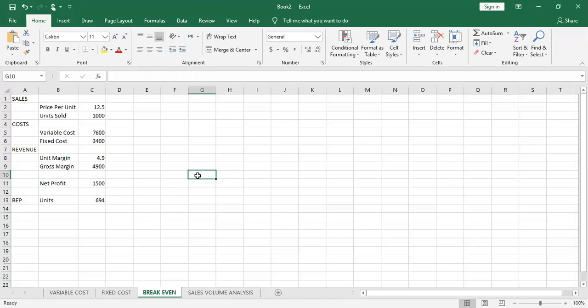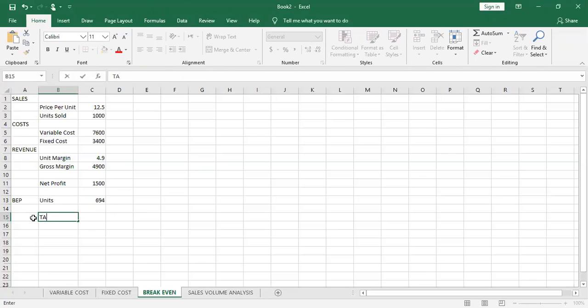Okay, in fact, this is where the question ends, but I would like to add something to it. Supposing this 694 is the units that we will sell that will not give us any profit. In case we are targeting to make a profit of, say, 500, then how many units do we have to sell to make that profit? So in this case, I will put in here target profit.